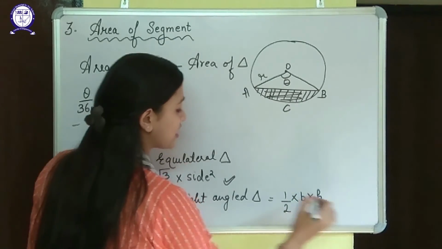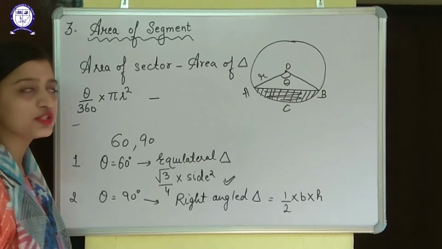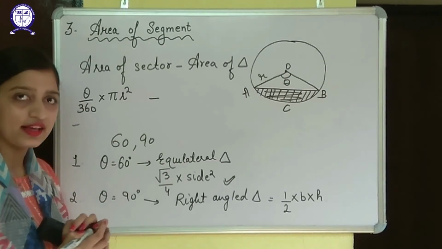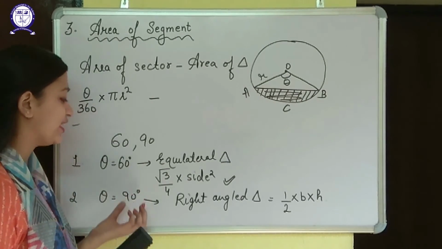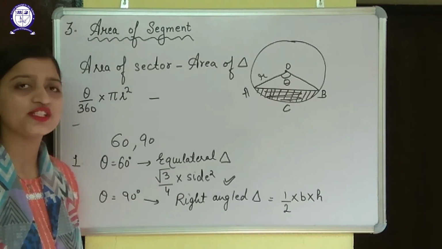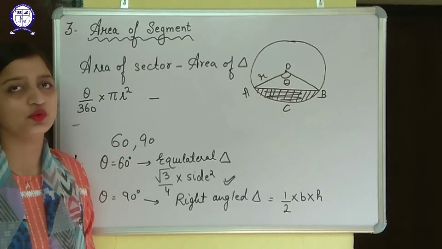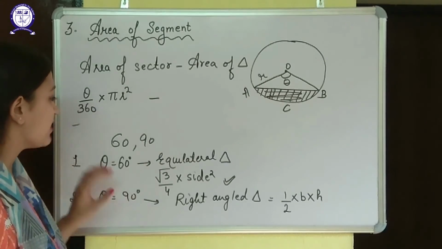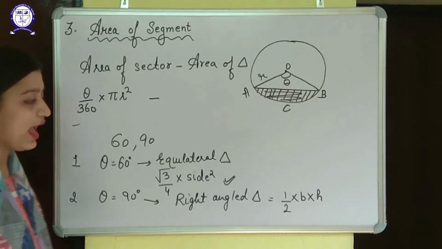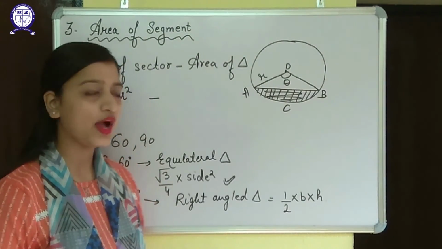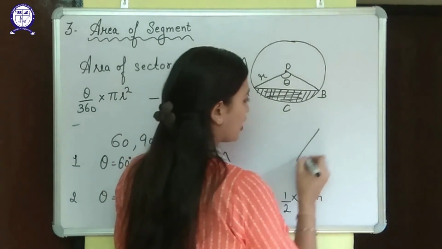So these are the two formulas which will be used to find the area of a triangle whenever the angle is 60 and 90. And in most questions, the angle will be 60 and 90, so no need to think about that. To apply half into base into height, always look at the figure properly.